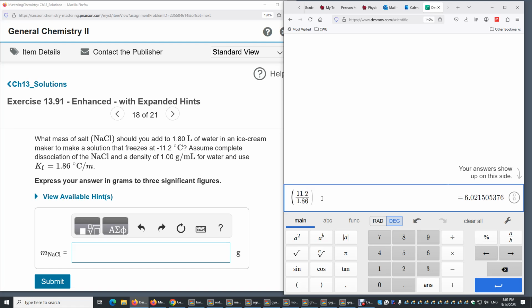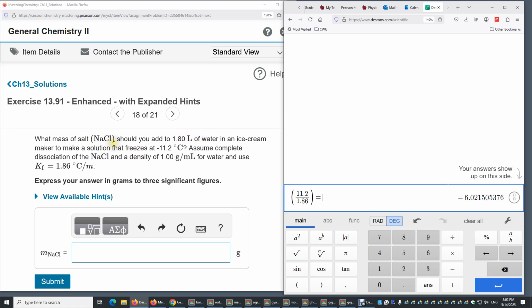This is the molality of the solution with a negative 11.2 degrees Celsius freezing point. This is equal to, again, the molality. That means we have the number of moles of the solute divided by the mass of solvent in kilograms.